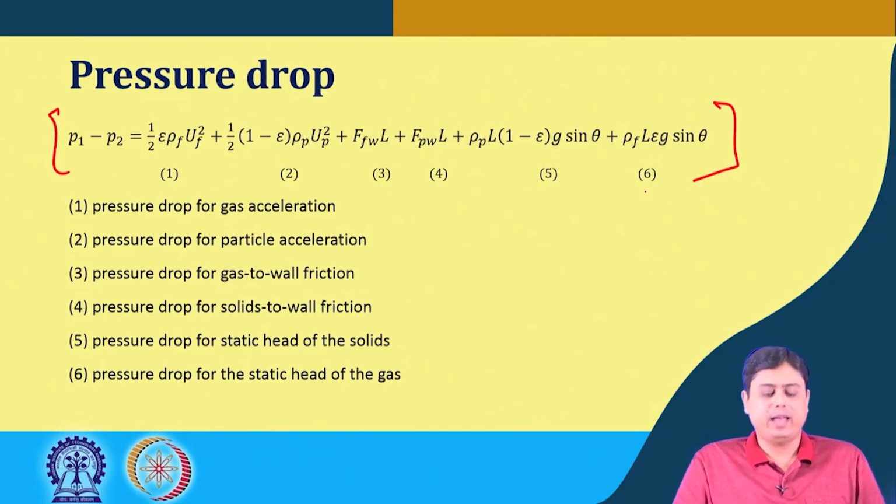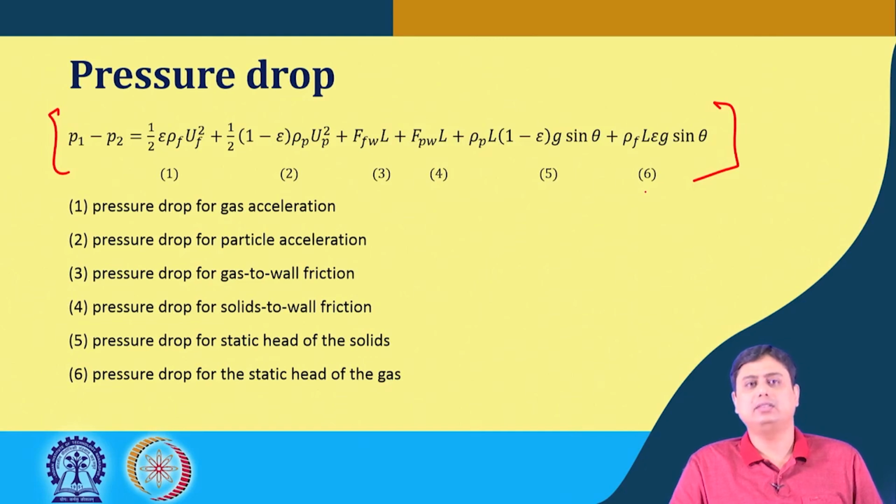Where we have all the individual components on the right hand side explained: the first term is the pressure drop due to gas acceleration.